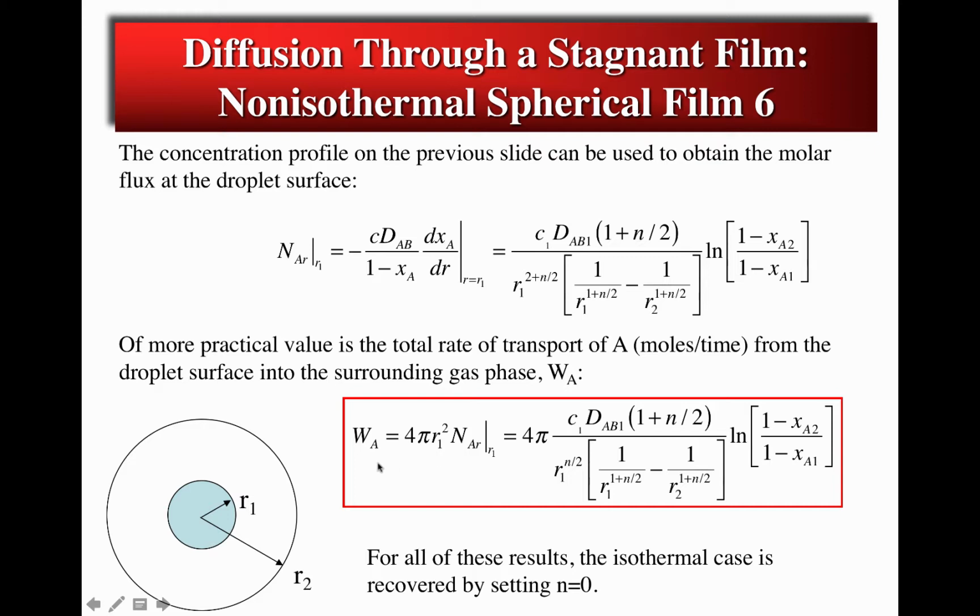So at the pseudo-steady state analysis, the net amount of A that you're putting into the gas phase is given by this expression. Now you could couple this with a mass balance around the particle itself and determine the time it would take for this particle to disappear based on these diffusion results. But again, I'm not going to cover that problem today.